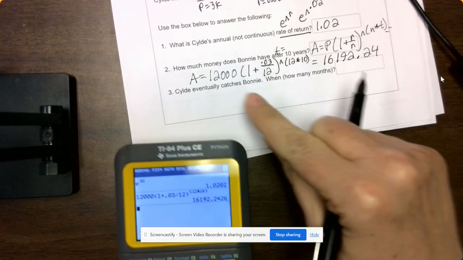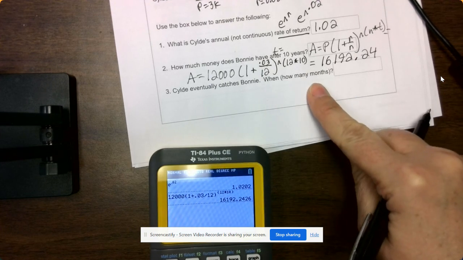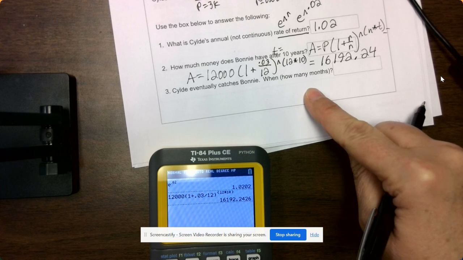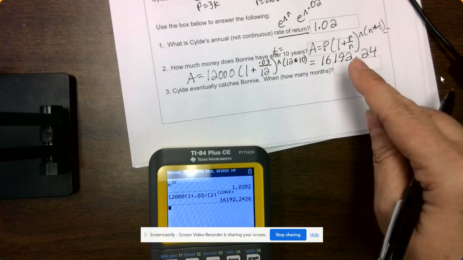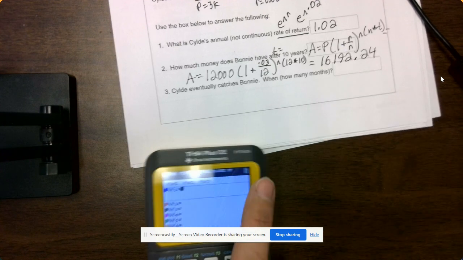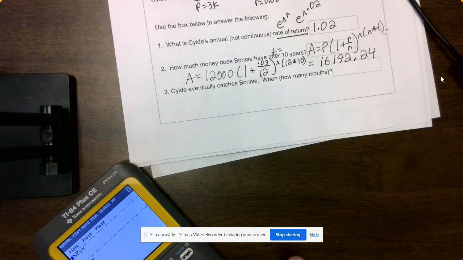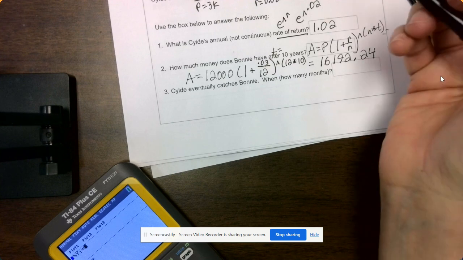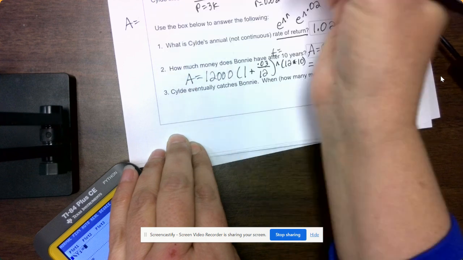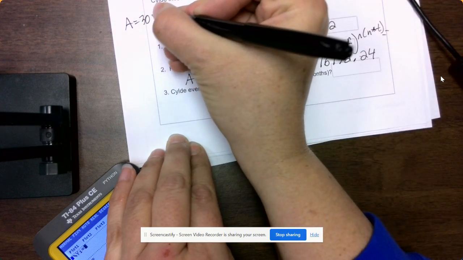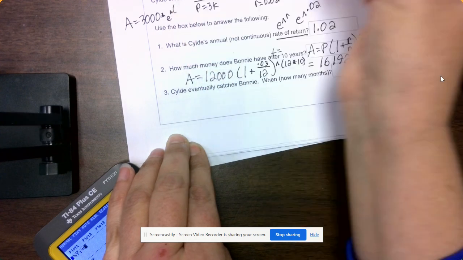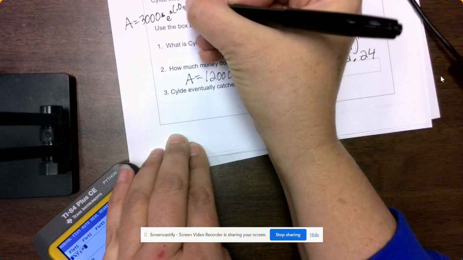Clyde eventually catches up with Bonnie. When, in how many months? So you can graph this. You can set them equal to each other, but I would definitely suggest graphing them to figure out when they are going to be the same. For Clyde, A is equal to 3,000 times E raised to the rate of 0.02x.